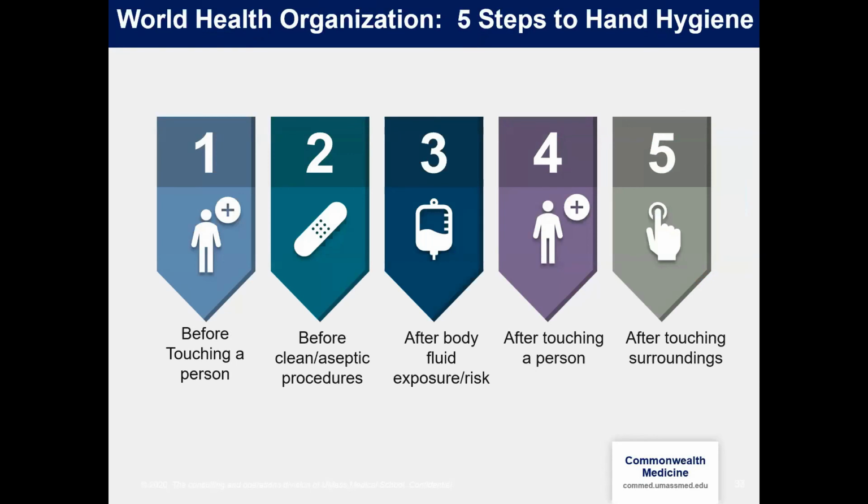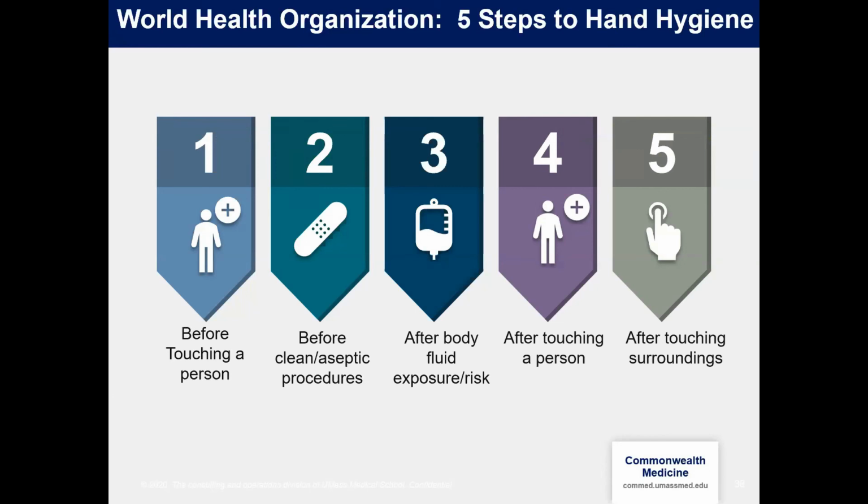The WHO years ago came out with the 5 steps: before touching a person, before doing any kind of clean or aseptic procedure, after a body fluid exposure, such as urine, feces, or sputum that you have to clean up, right after you've done that procedure, go sanitize or wash your hands. In that situation, I'd want to get rid of the body fluids.